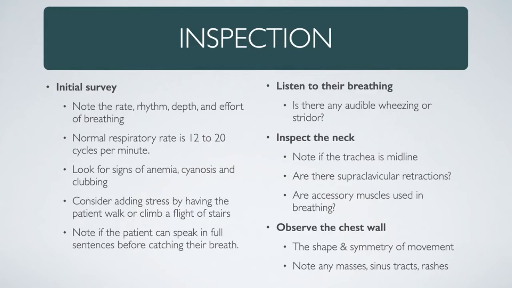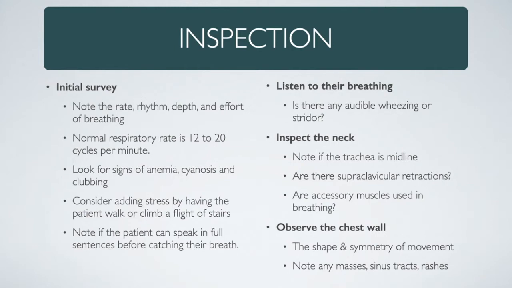The very important part of inspection is the initial survey. What do you do with the initial survey? You observe the patient without any prior instruction. Just ask the patient to breathe as they are. Note the rate, the rhythm, the depth, and the effort of breathing.